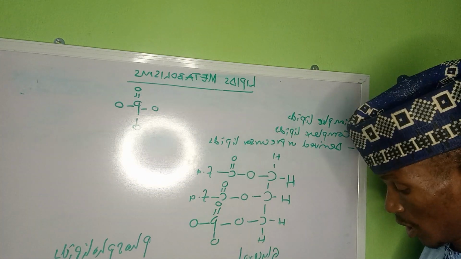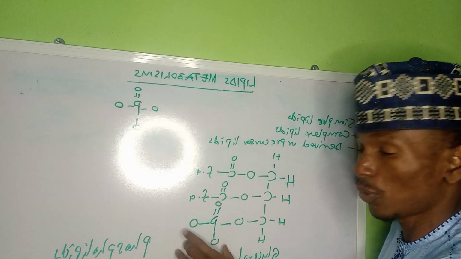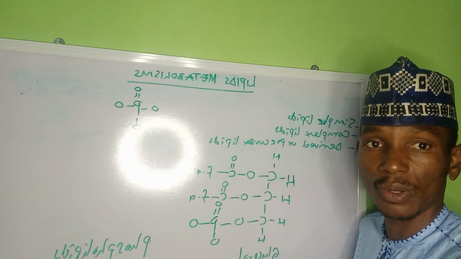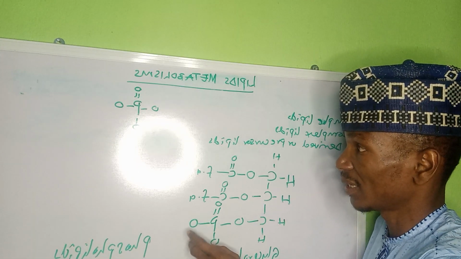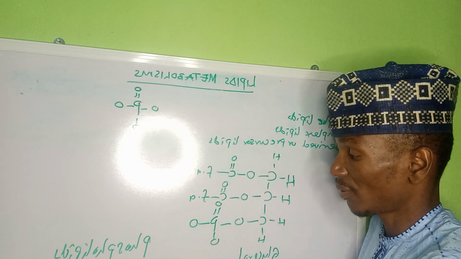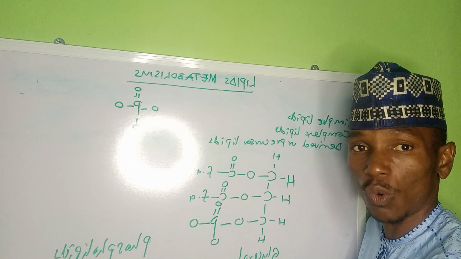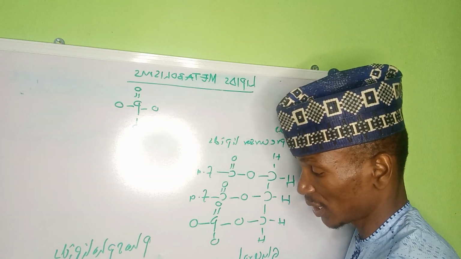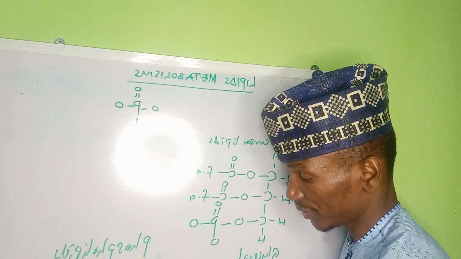Apart from the phosphoric group, other components can attach to this functional group and become other forms of lipid, like sphingosine or sphingolipid.